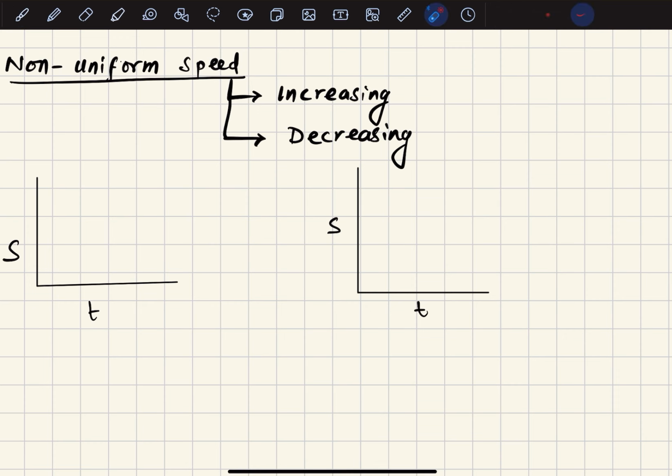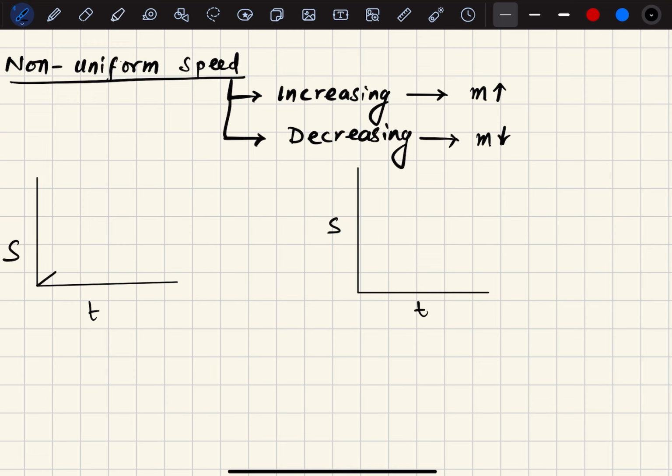Speed is the slope of the distance time graph. So increasing speed essentially means the slope increases. Decreasing speed essentially means the slope decreases. So how should the graph look like? If this is the increasing one, the first one, then we should increase the slope. As the slope increases, the line goes closer to the y-axis, like this.